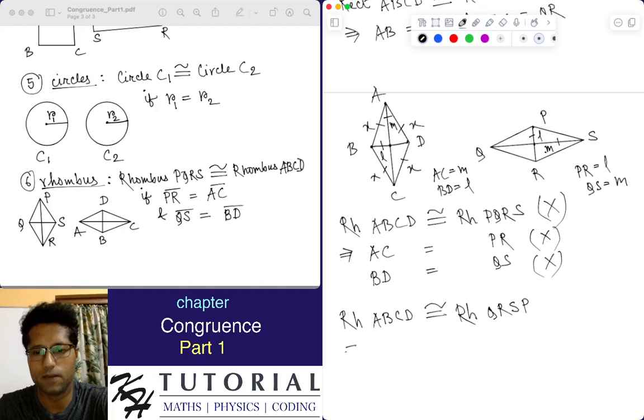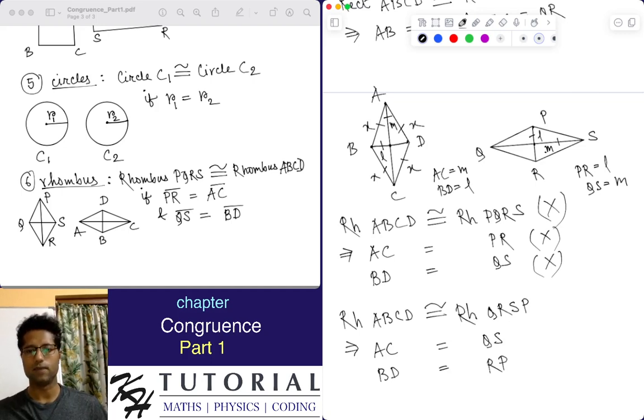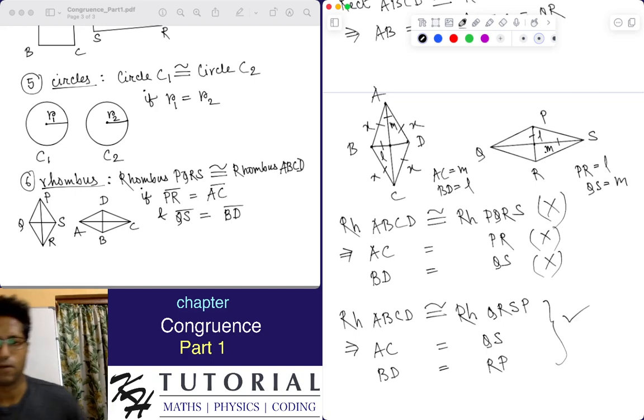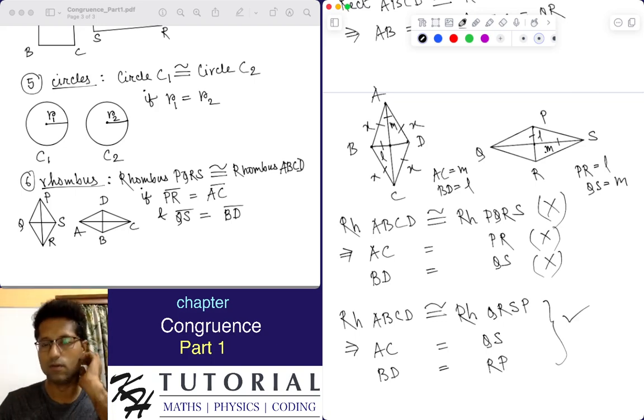So this will imply AC, the diagonals in the rhombus ABCD are AC and BD, and the diagonals in the rhombus QRSP will be QS and RP, and definitely they are equal, because AC is equal to M and QS is also equal to M. So this is the correct way of expressing the congruency between the rhombus ABCD and the rhombus above.